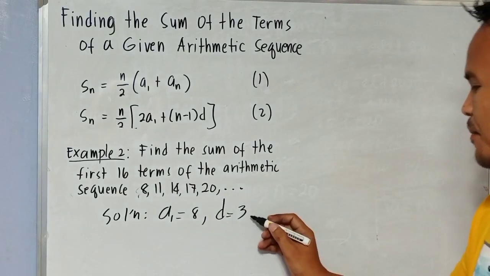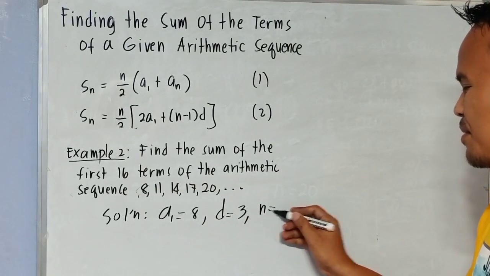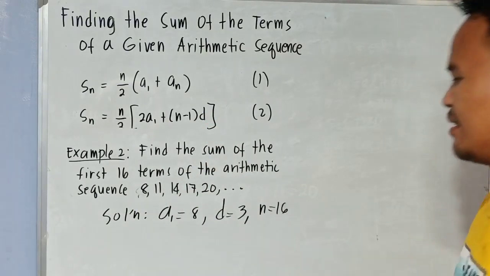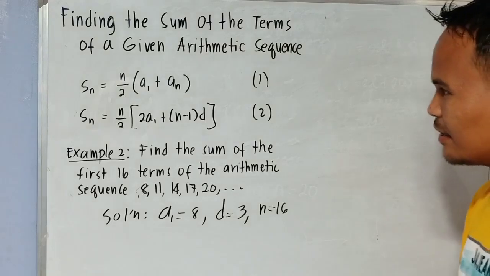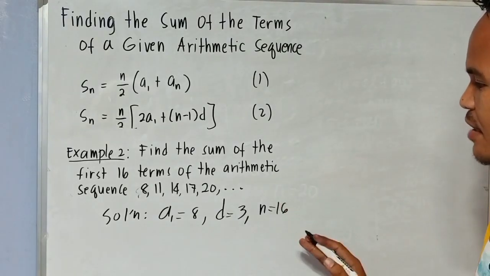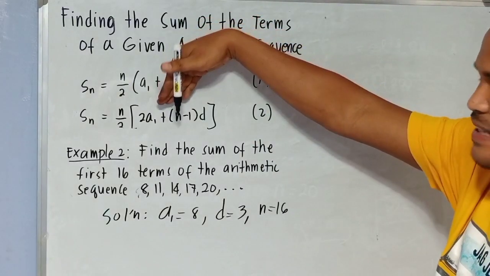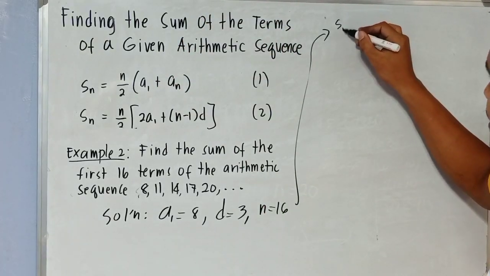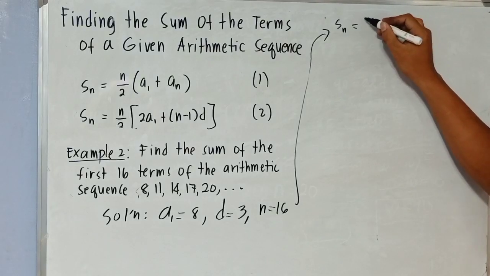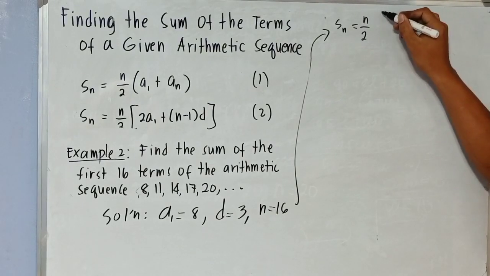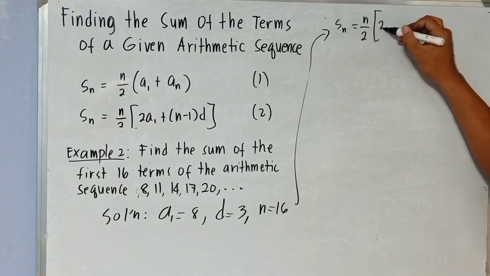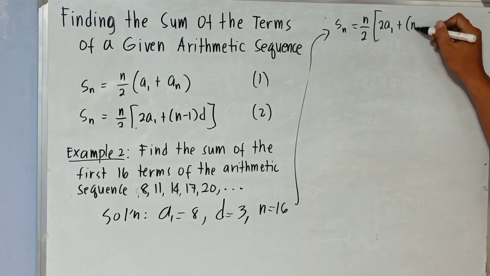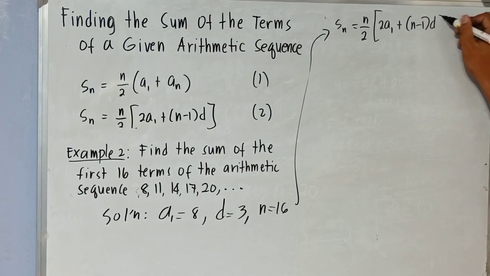Yes. What is our number of terms? We are asked to find the first 16 terms. So our n is 16. Now, since we don't have the last term, we use the second formula. S sub n equals n over 2 times 2a sub 1 plus the quantity n minus 1 times d.